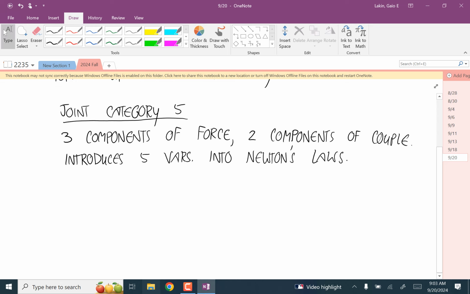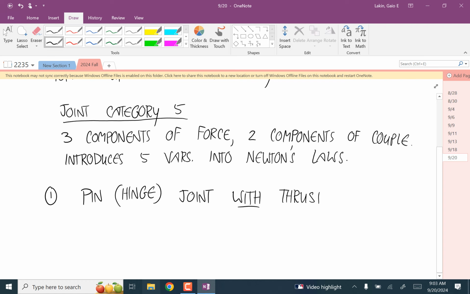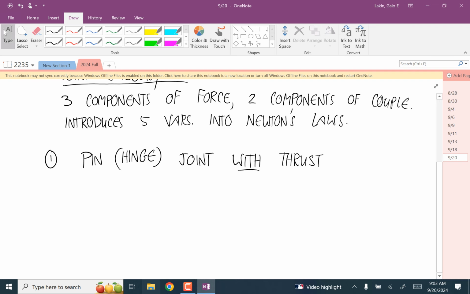And there's only one of these. This is a pin or hinge joint with thrust. And that thrust is provided by some kind of flange on one or both sides of the pin joint.